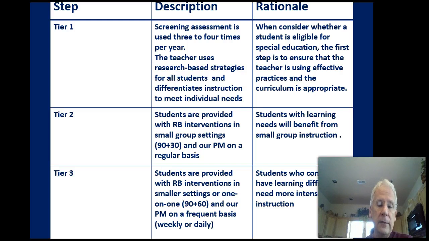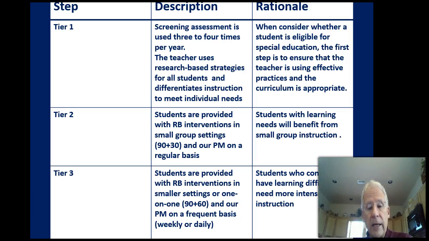So let's say Justin's continuing to have problems. So now we're going to move to Tier 3. All right? He's still going to get his classroom instruction, let's say 90 minutes, but we're going to throw in an extra hour of additional instruction every day.